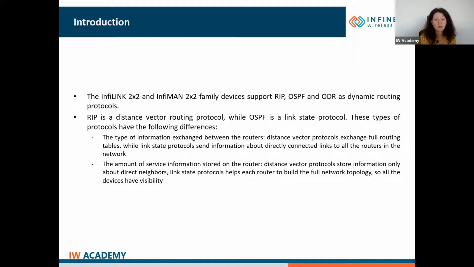Distance vector protocols store information only about directly connected neighbors, and link state protocols help each router to build the full network topology, so all the devices have visibility in this case. Also, the algorithm used to select the best route is different.